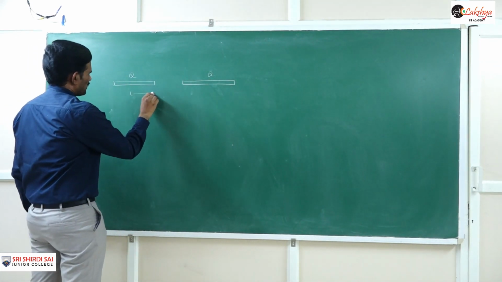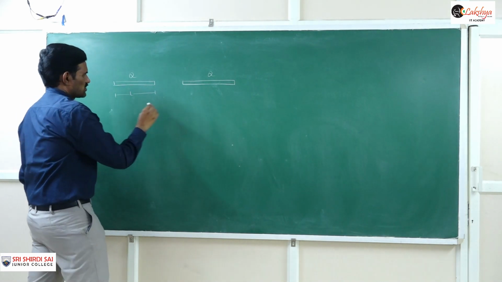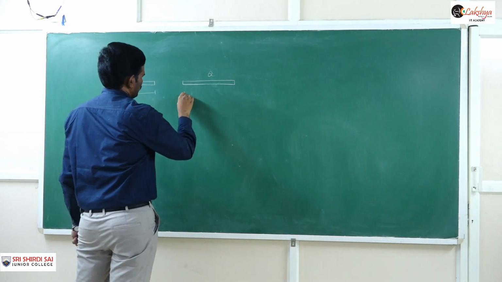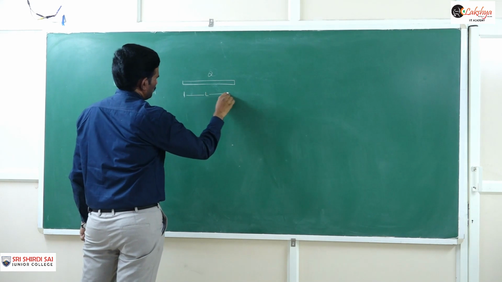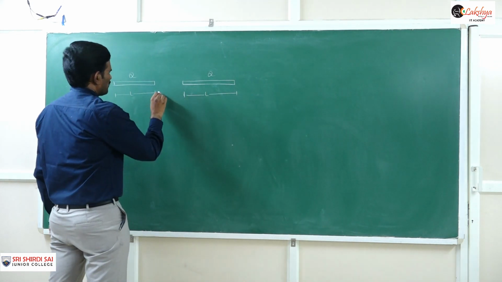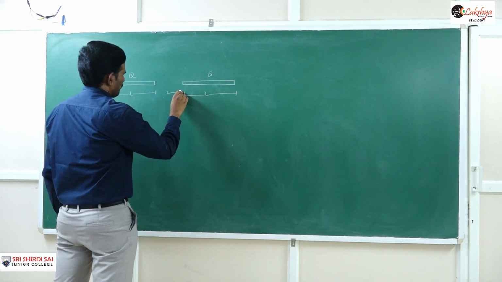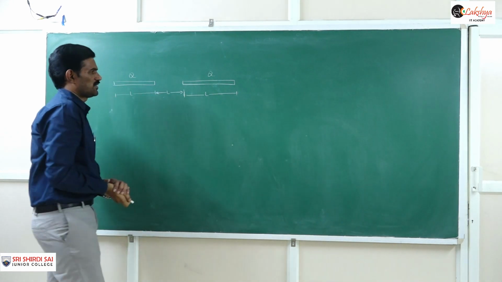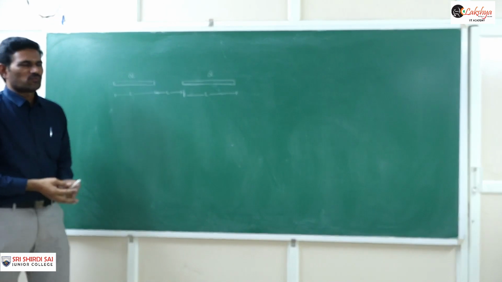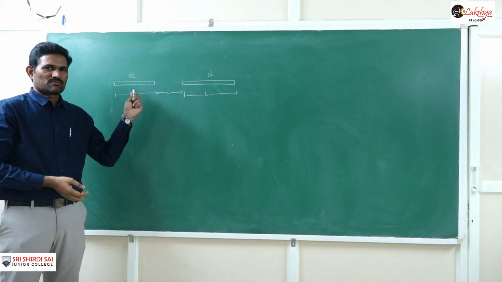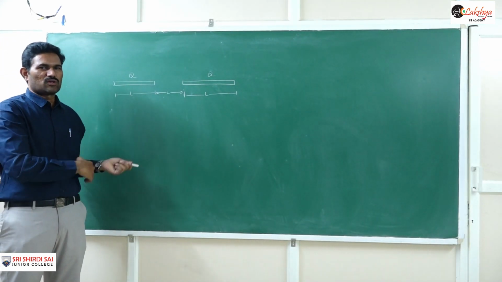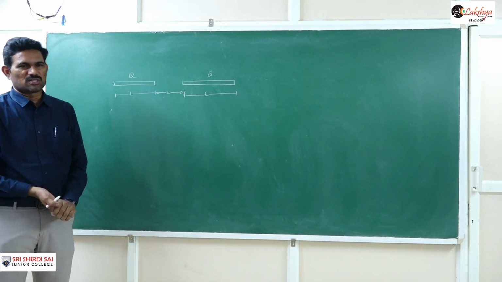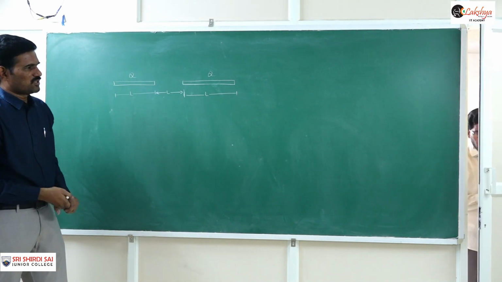And length of each rod is suppose say L, and the separation between those nearest ends is also L. Now we need to find the force between these two rods. That means force acting on one rod due to the other rod, the electrostatic force acting on one rod due to the other rod.